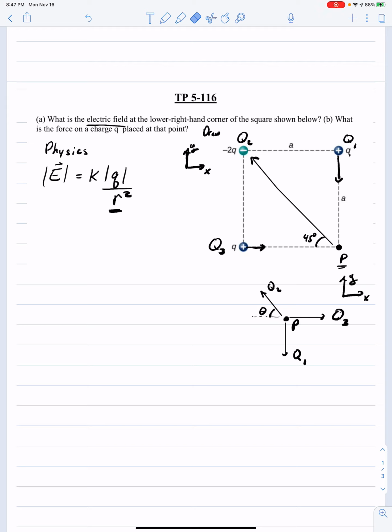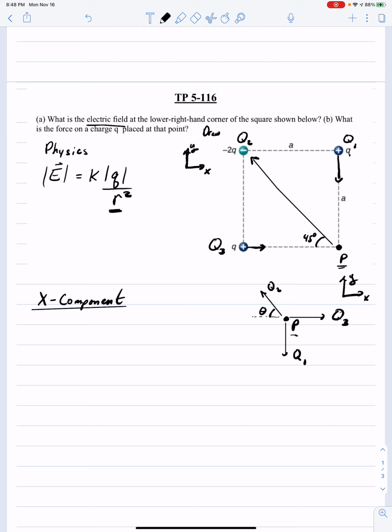So we can start off by saying x component, highlighting it, and saying, what are all the electric fields that are acting in the x direction in terms of P?